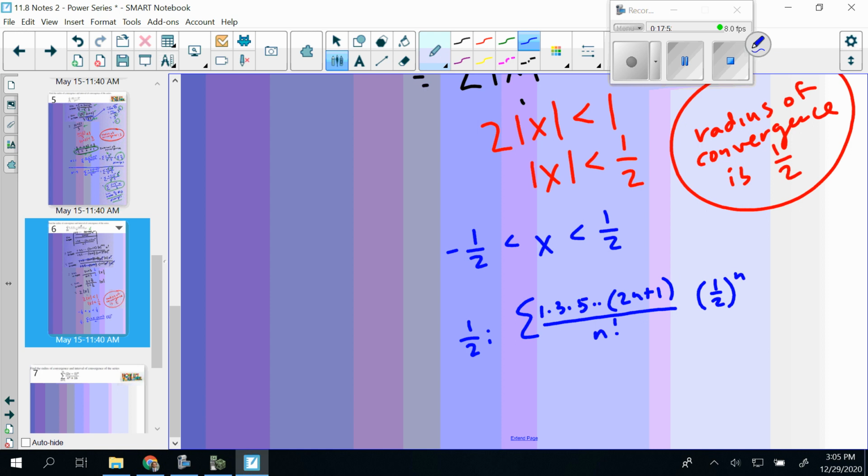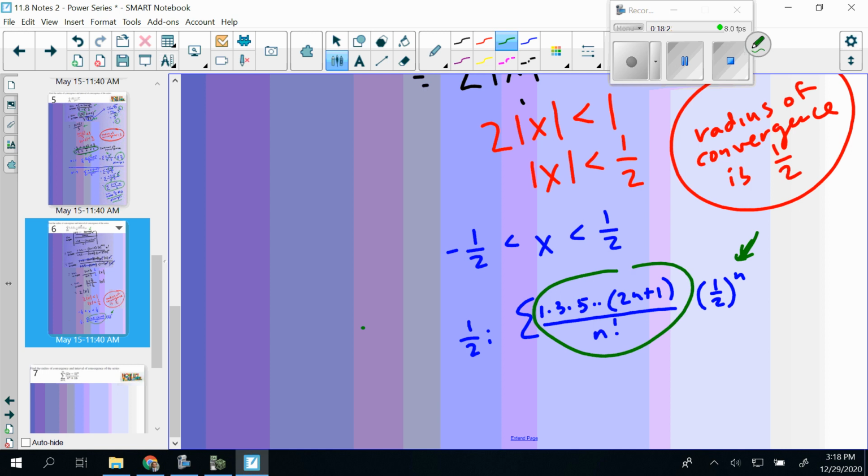By geometric series, we know that this one should go to 0, but then we also have this other part over here. What is that going to be doing?